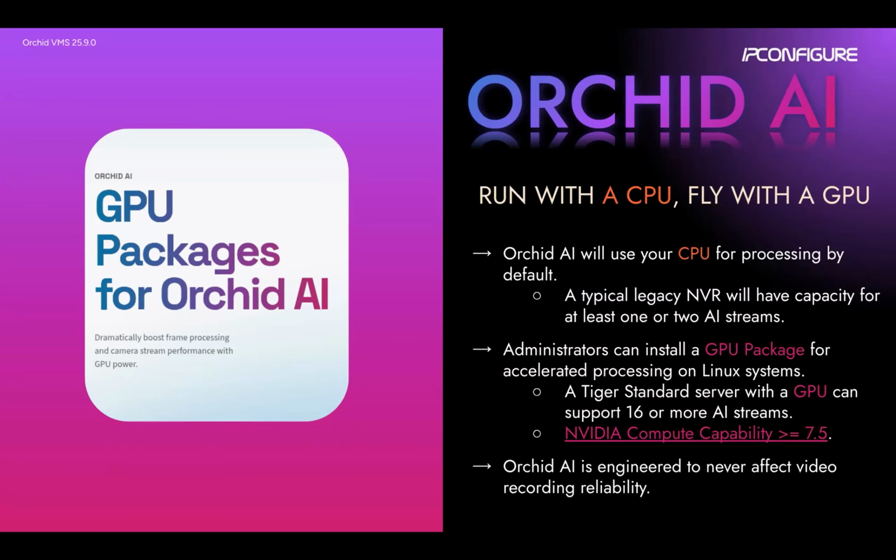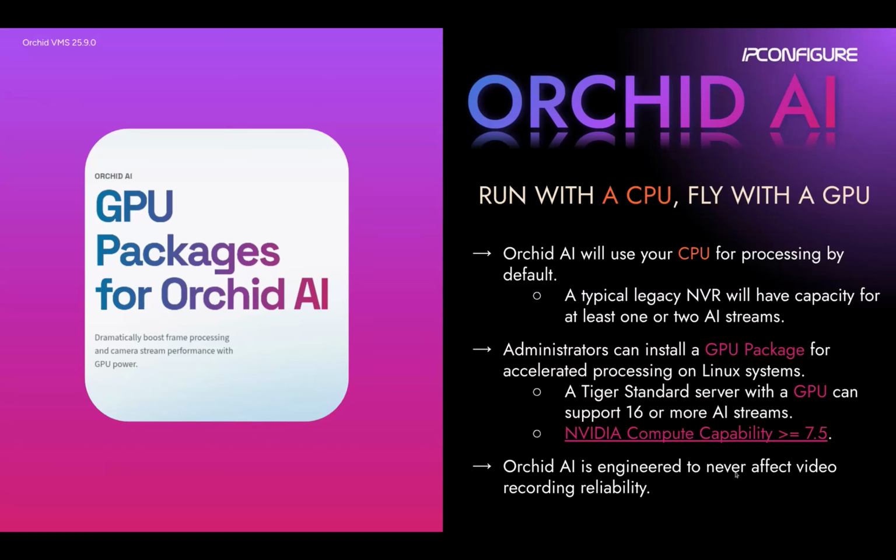Once I install this GPU package, Orchid will use GPU acceleration to provide Orchid AI search results. And a standard, what we call one of our Tiger servers, say an i5 CPU, can support 16 or more AI streams with GPU acceleration.